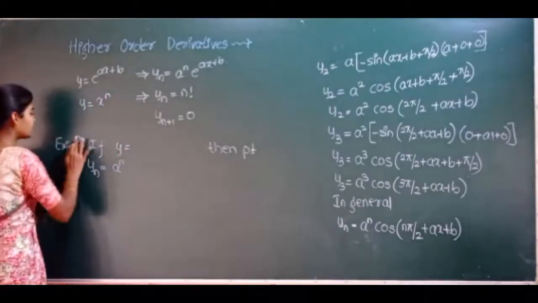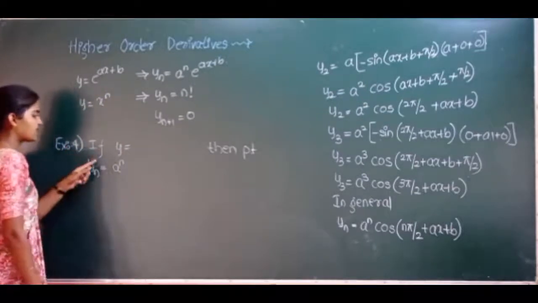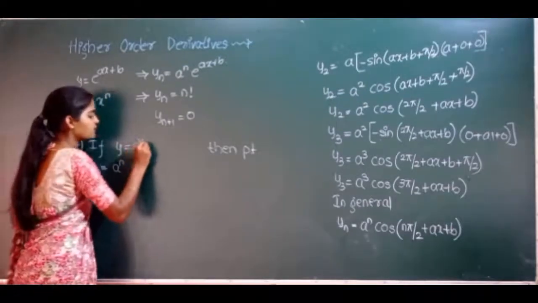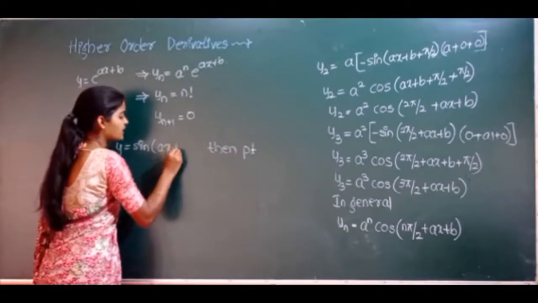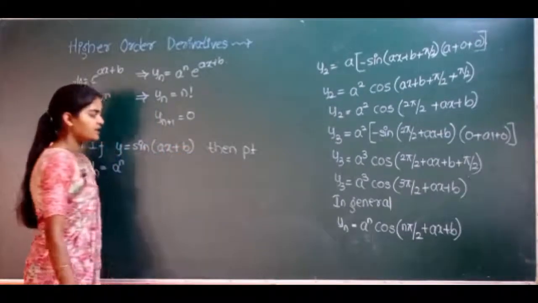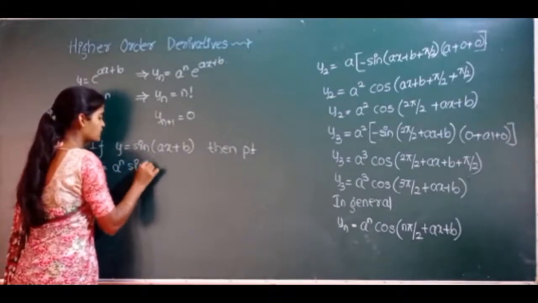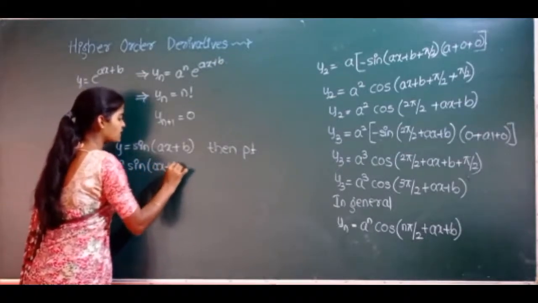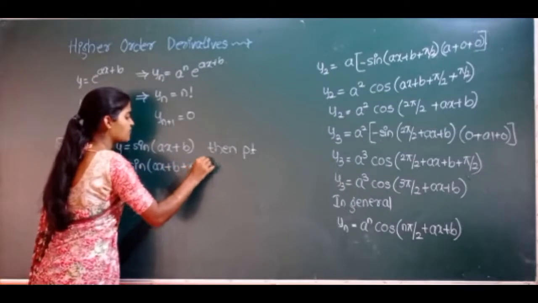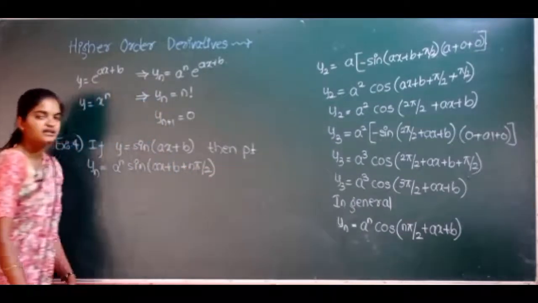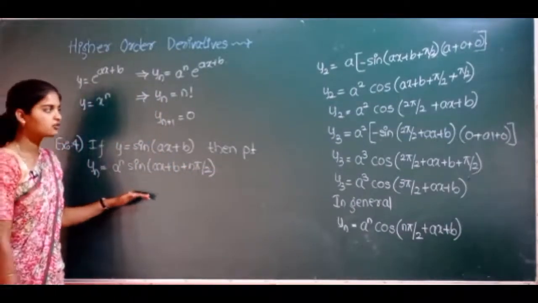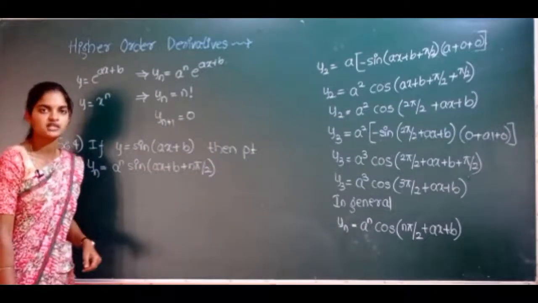Then the next example, the fourth one: if y is equal to sin ax plus b, then prove that yn is equal to a raised to n sin of ax plus b plus n pi by 2. This example is also similar to the previous one, that is, cos ax plus b.